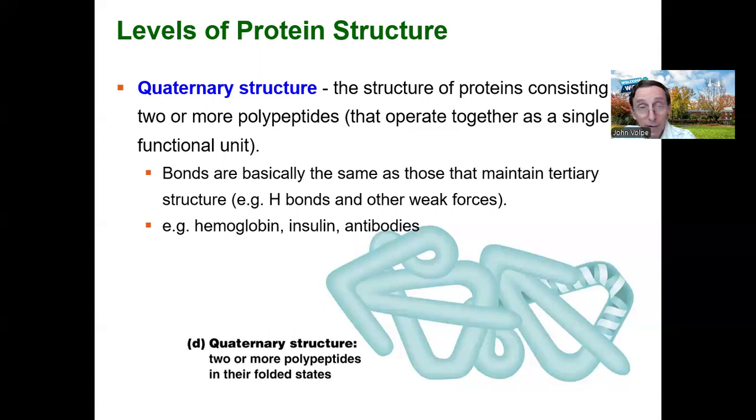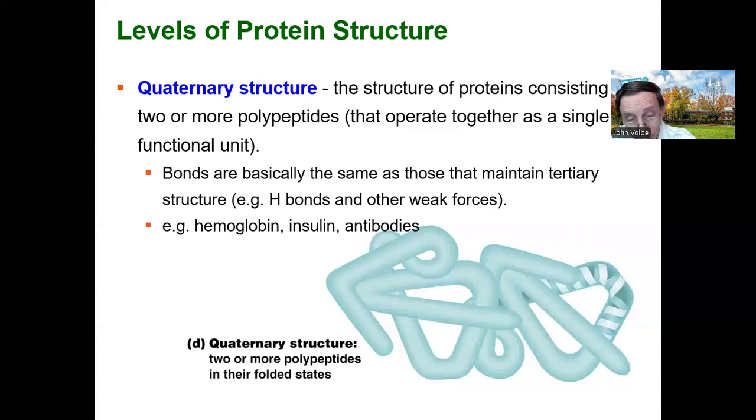And all of the interactions we saw in the tertiary structure happen in the quaternary structure. And I just told you hemoglobin and antibodies have 4 protein subunits.